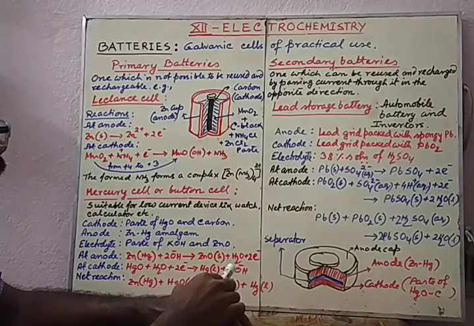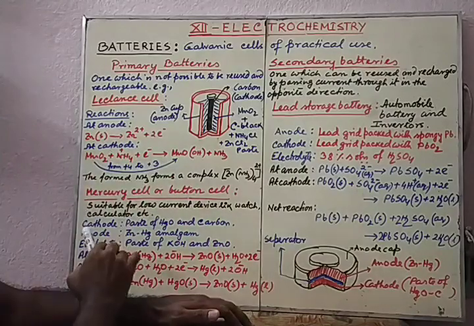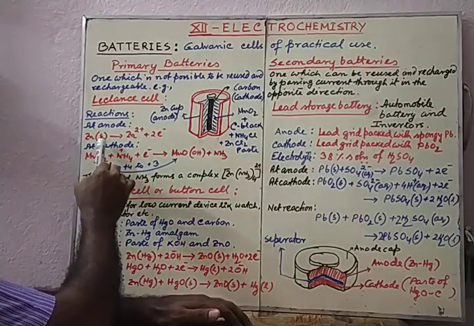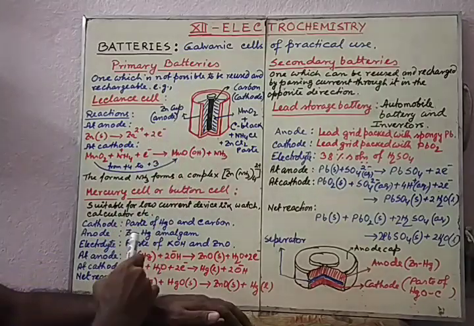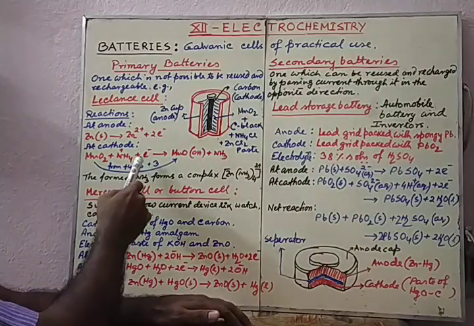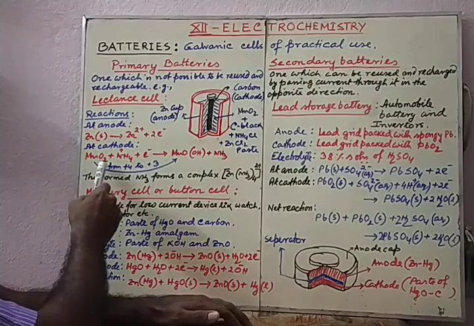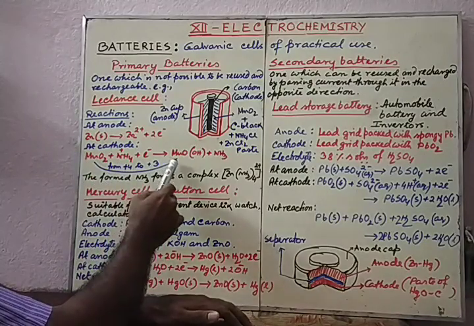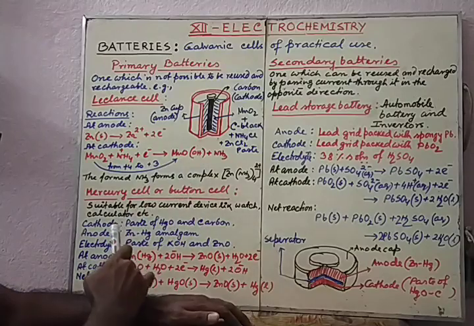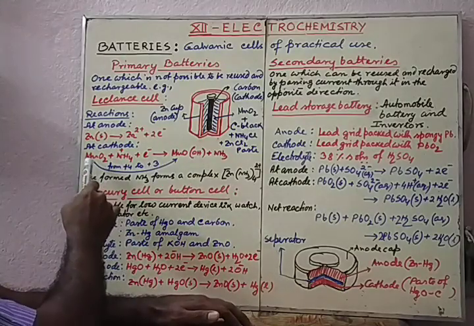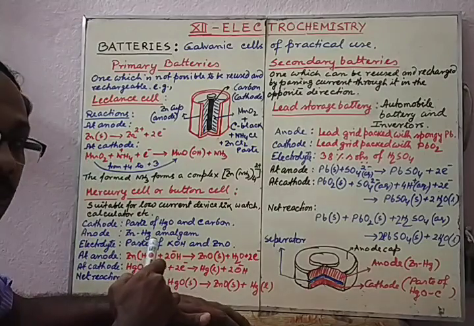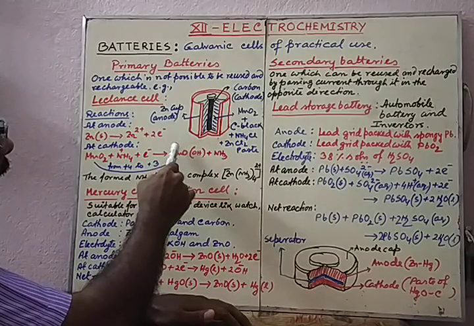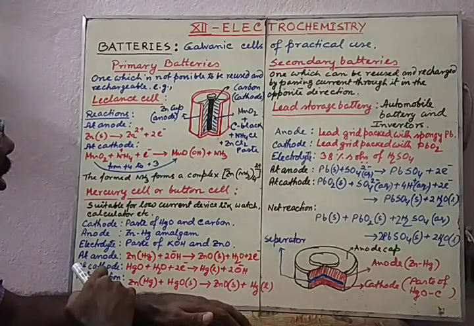Now the reactions that are taking place: at the anode, oxidation takes place. So zinc is being oxidized to Zn2+ ion, and these electrons flow through the external circuit to the cathode, and there the electrons are used by MnO2, which is being reduced to basic manganese oxide. In MnO2, the oxidation state of Mn is +4, that is being reduced to Mn3+ in basic manganese oxide.